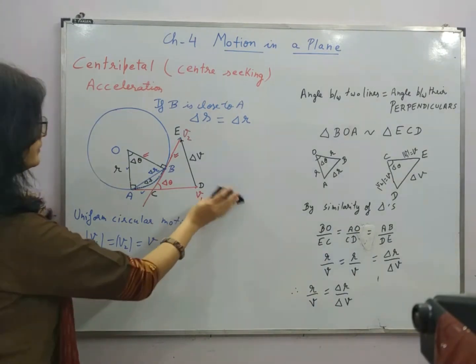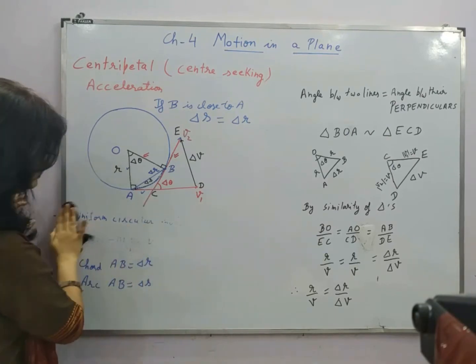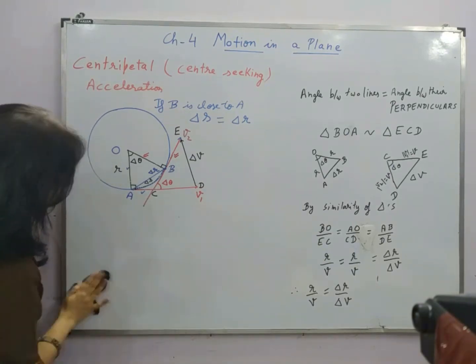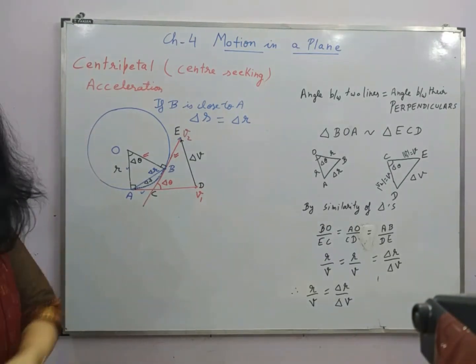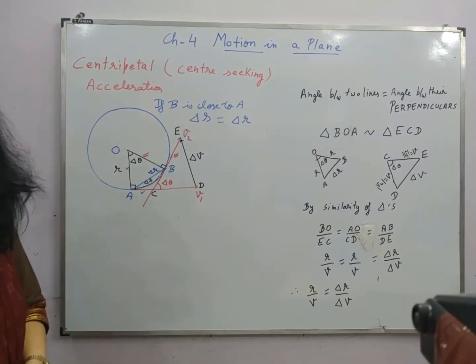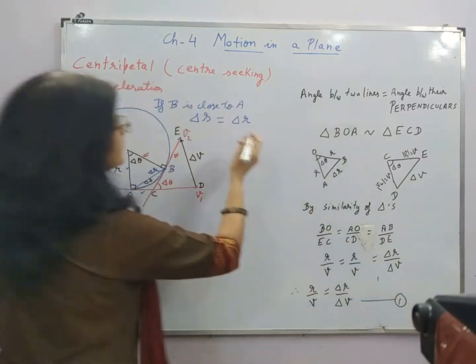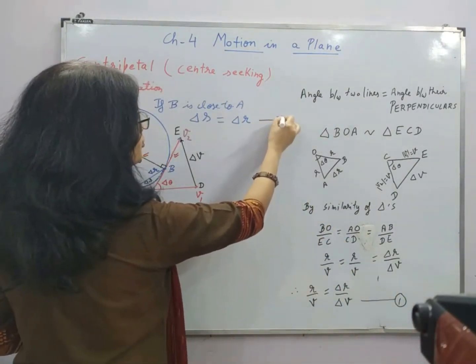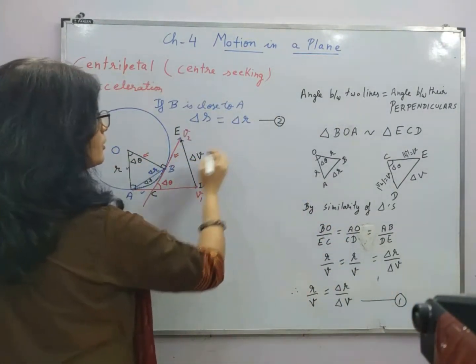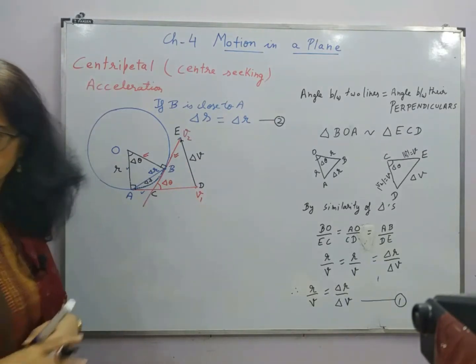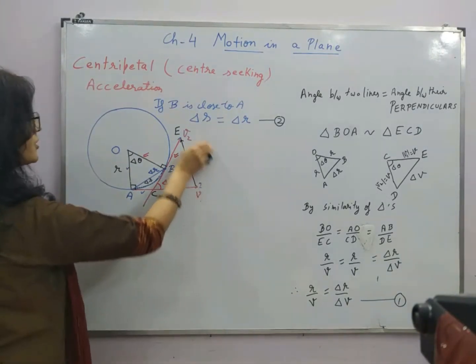So from here, we can write this as equation 1, this as 2. Now I can write from 1 and 2.